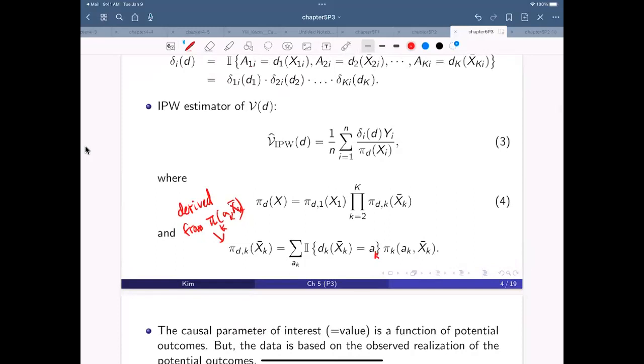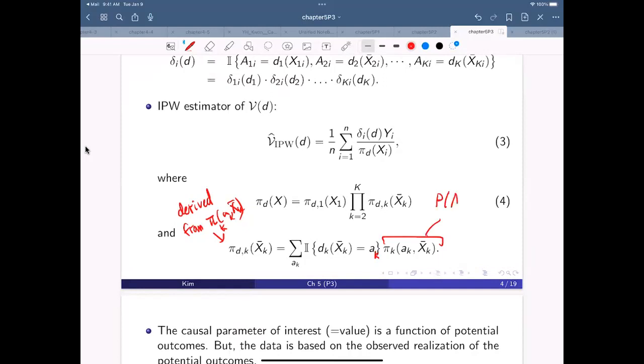So pi D2 means that the indicator D2 is equal to A2, and so we just use that, okay. So this one is what?